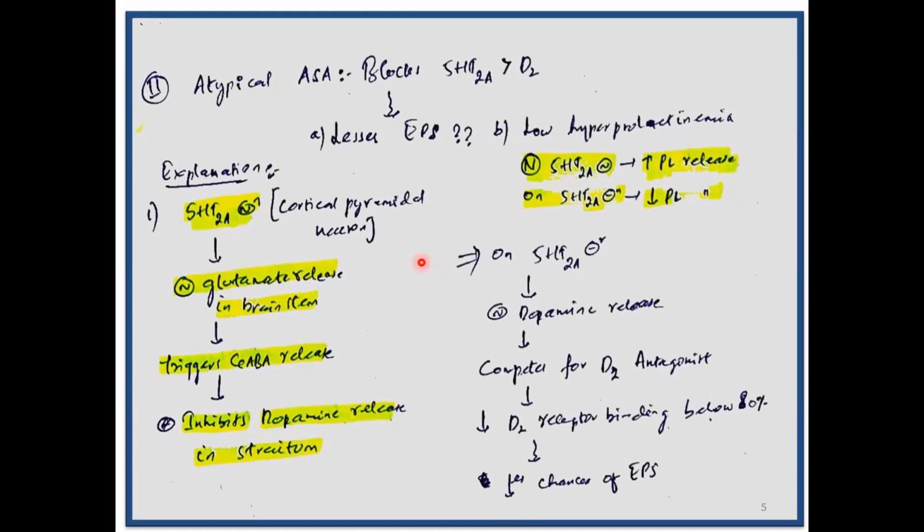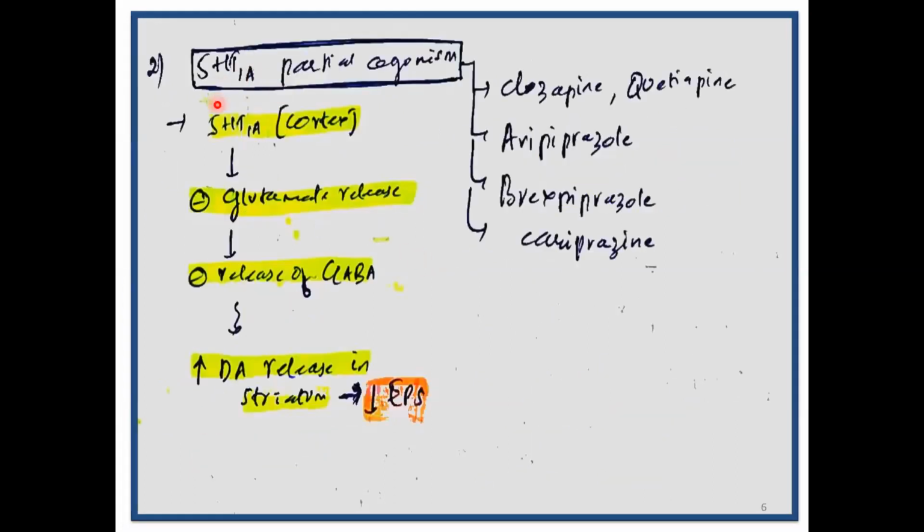Let us see the second explanation for the same, that is the lesser tendency of extrapyramidal symptoms: 5-HT1A, a subtype of serotonin receptors, with partial agonistic activity. So we'll see the physiological importance of 5-HT1A. The 5-HT1A subtype receptor of serotonin present on the cortex, when stimulated by serotonin, normally inhibits the glutamate release.